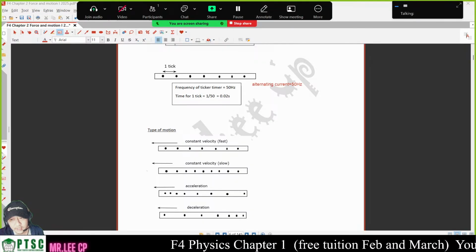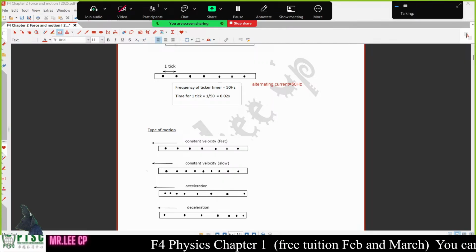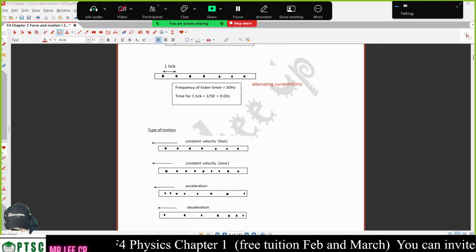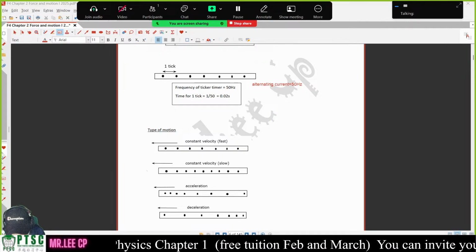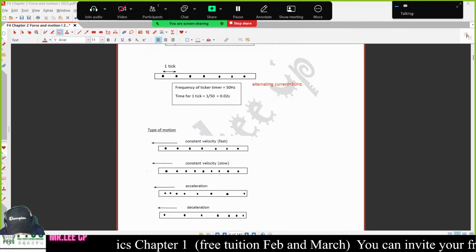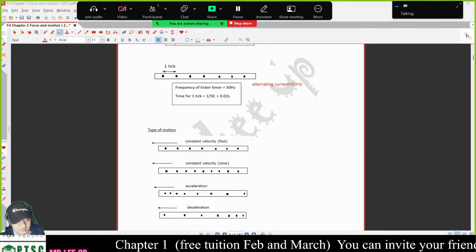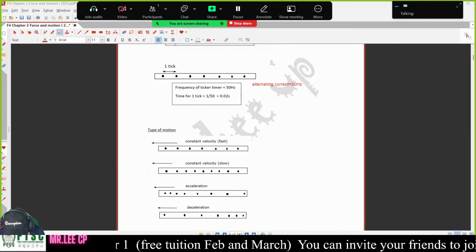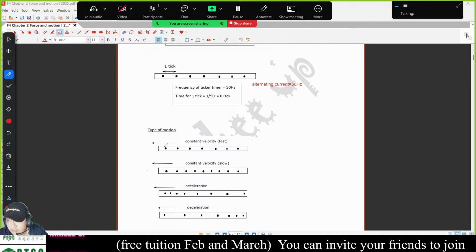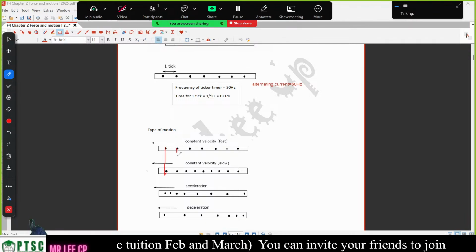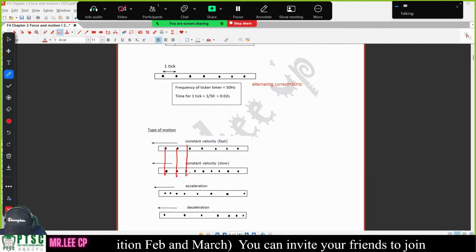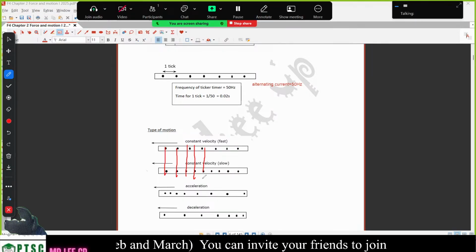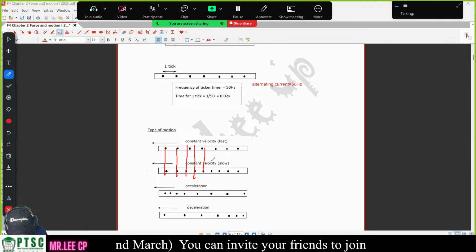But if the distance is closer, it means it is slow, but the distance is still constant, so constant velocity. When this one is long, it is fast. When this one is shorter, compare these two. You can see this one is shorter, so it is slow.